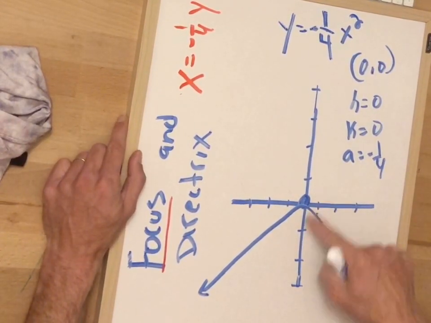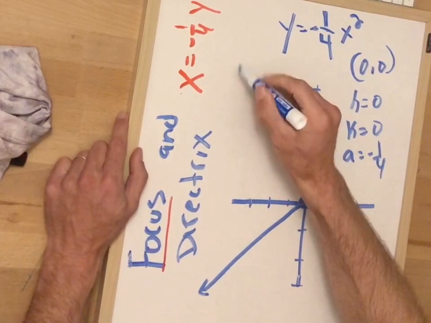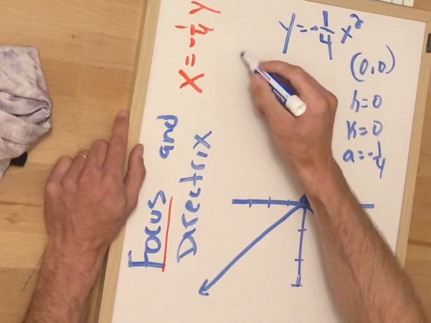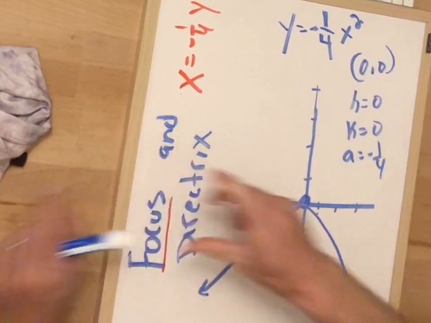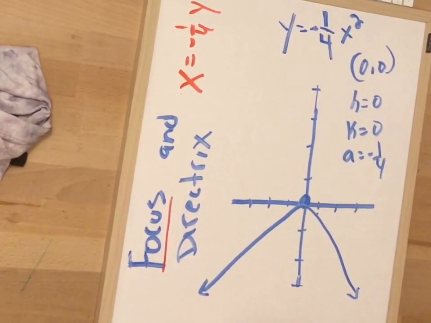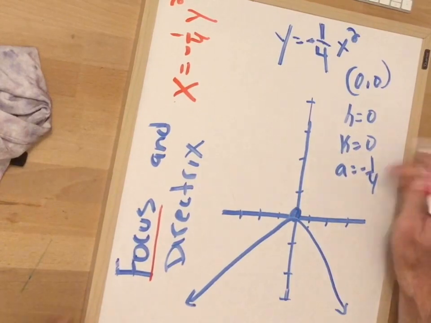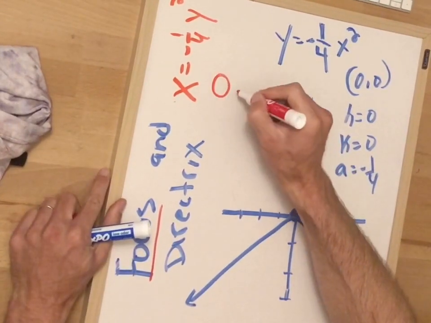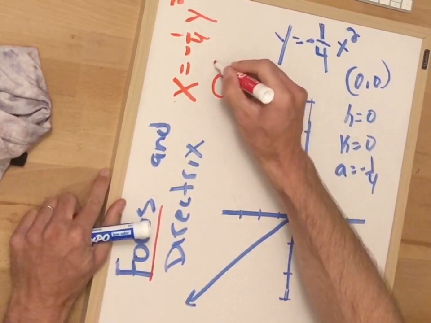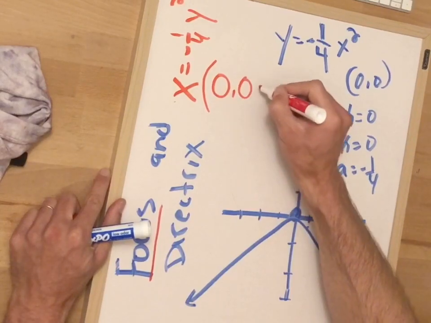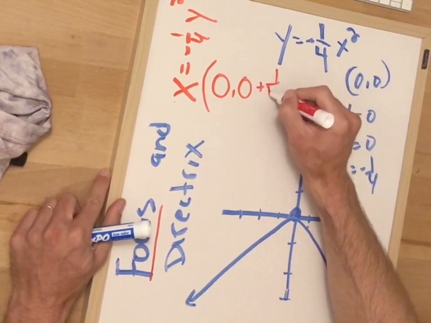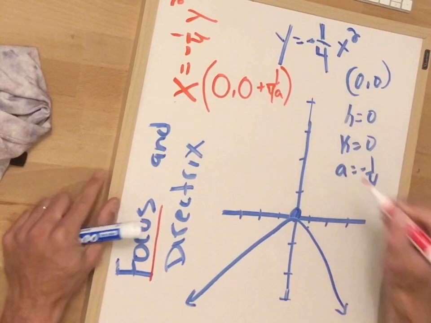Okay, so my focus is going to be in here, and remember the formula. Your focus is h, k plus 1/4 times your a.